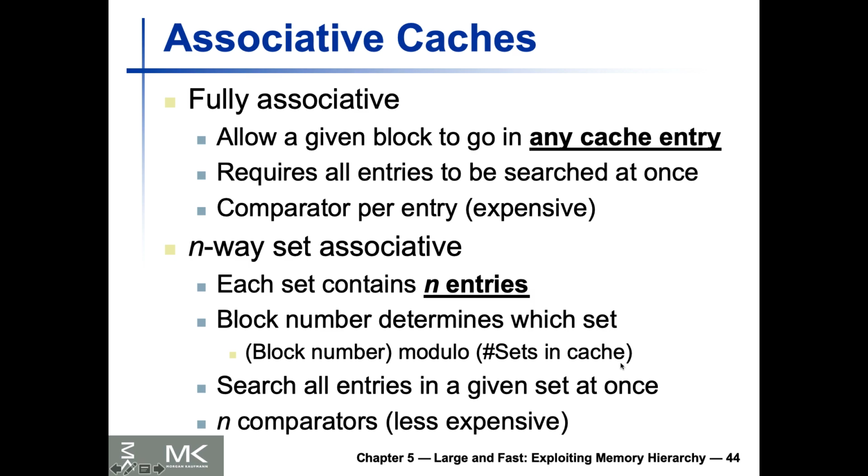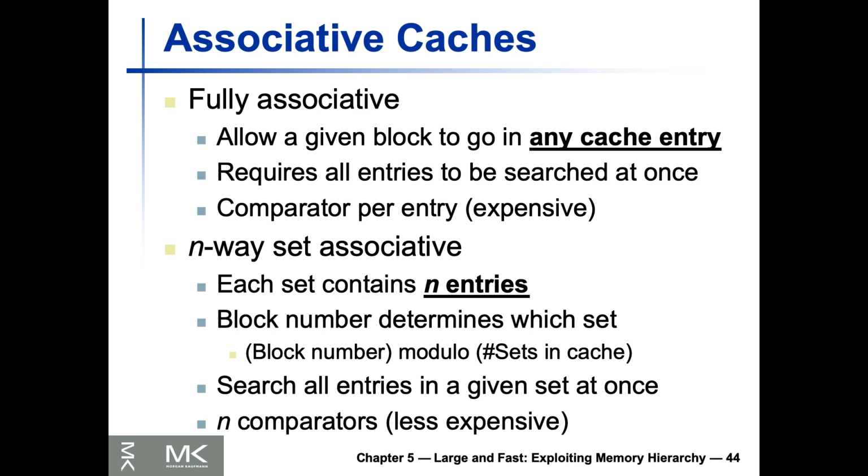In order to find a given block in a fully associative cache, all of the entries in the cache must be searched, because you've allowed the block to be placed anywhere in the cache. To make that search practical, normally we do it in parallel with comparators associated with each of the cache entries, to find the entry in parallel.